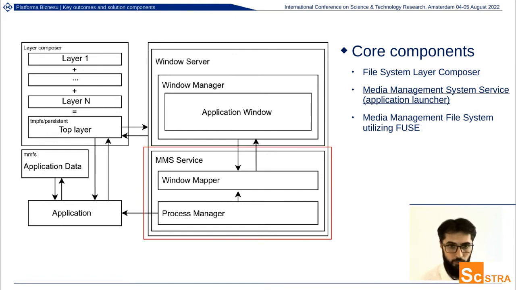Next, we have the system service, of which the main components are the process execution and process tracking module, and the window mapping module. In short, here we use inter-process communication to handle window drawing events and create virtual displays for full screen applications to trick them a bit and control screen partitioning.